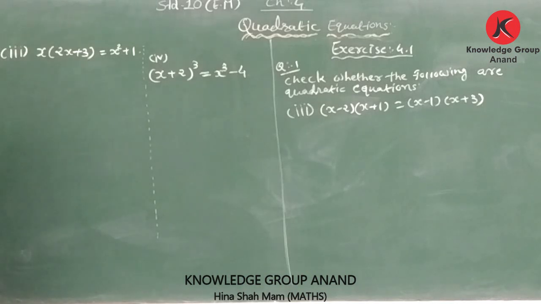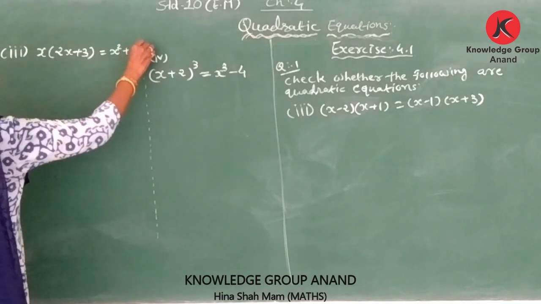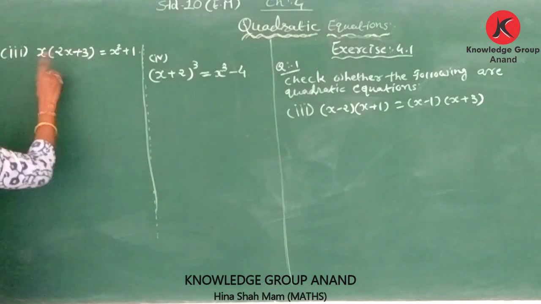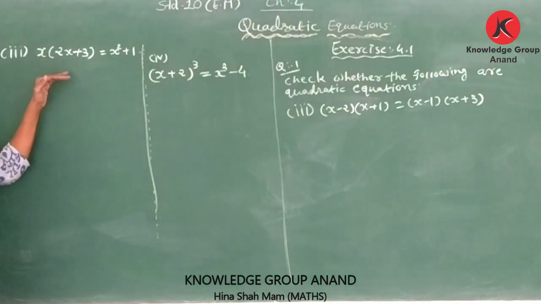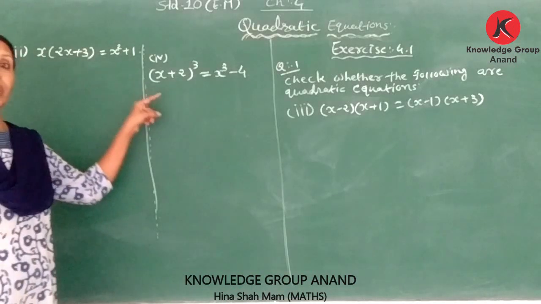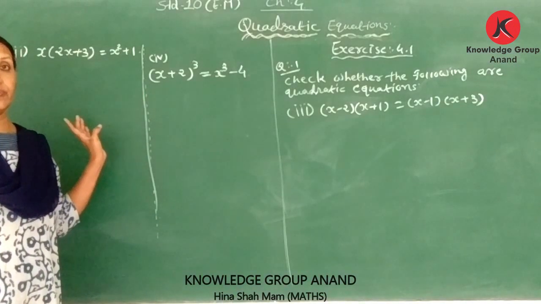Example 2, number 3. x into 2x plus 3 is equal to x square plus 1. We simplify this question before saying that it is quadratic or not.